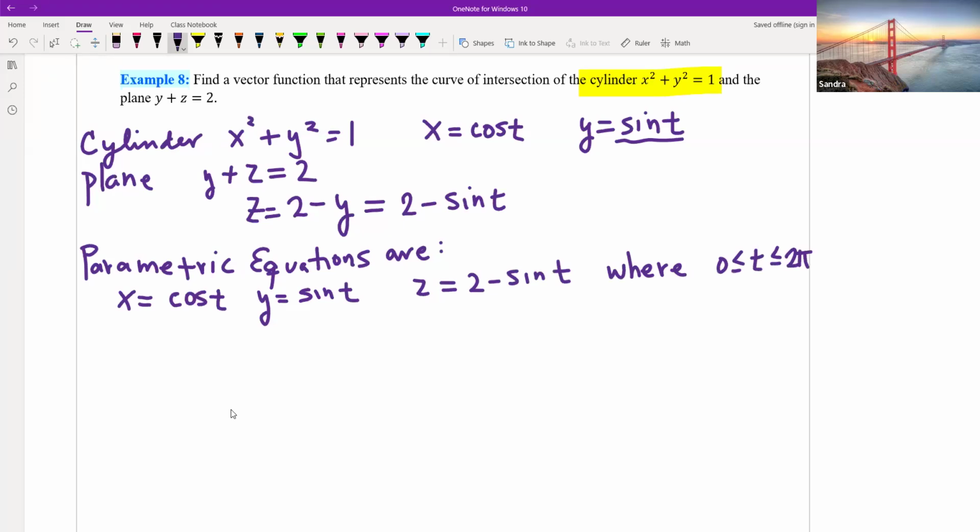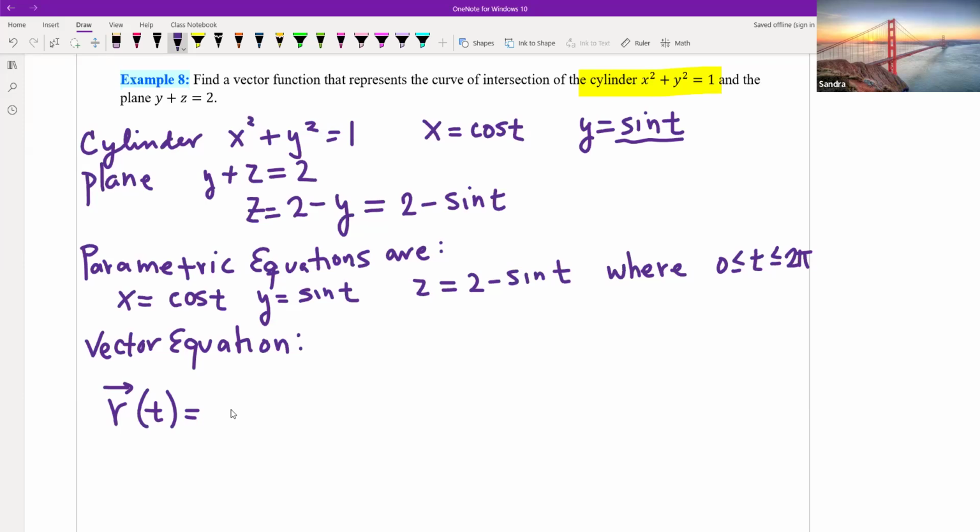Okay, now my vector equation. Now we're going to put it all together. You can write it down with i's, j's, and k's, remember that, or you can put it into the vector notation.